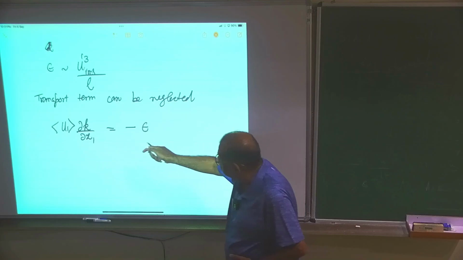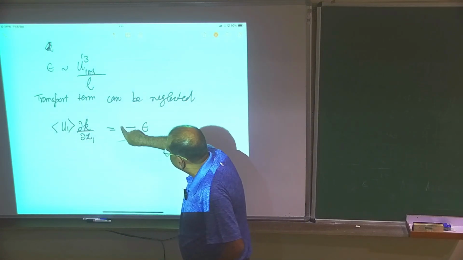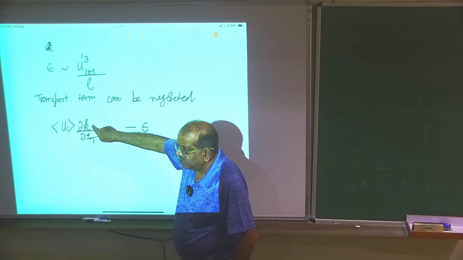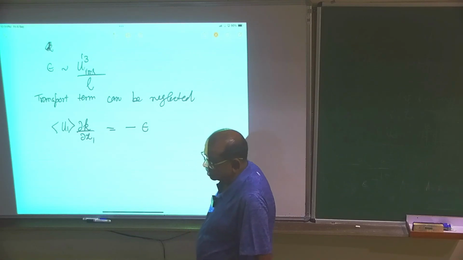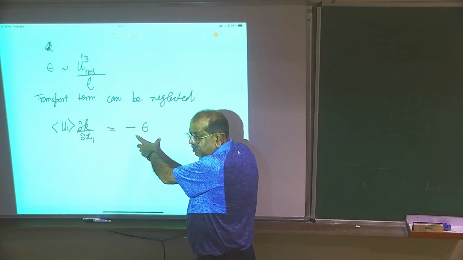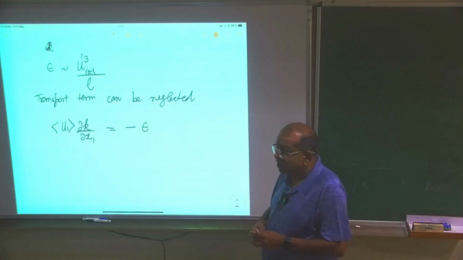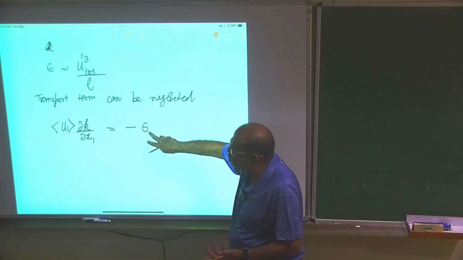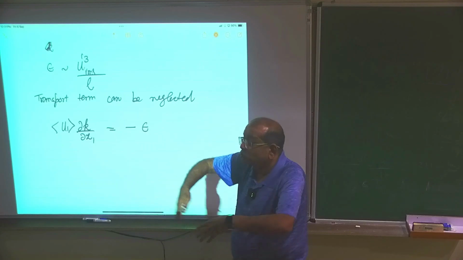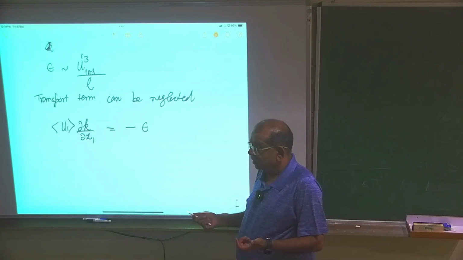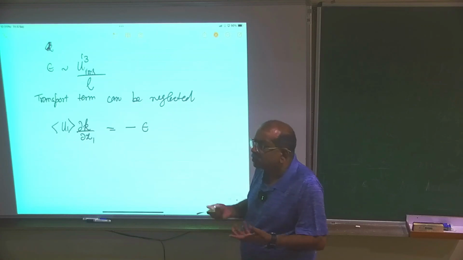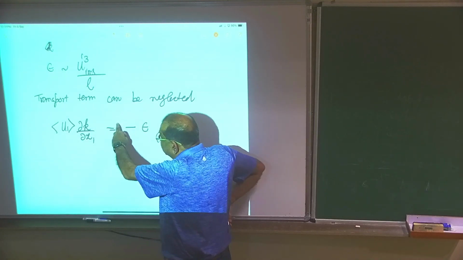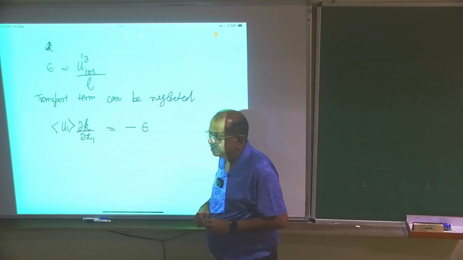So the equation is then equal to minus epsilon. See, had this term not been there, then we would have had a problem, then both the terms would have had to be very small. If epsilon is also very small, then of course all the terms are very small. But here we do not know right now what epsilon is. So we throw that term away and we get it in this way.